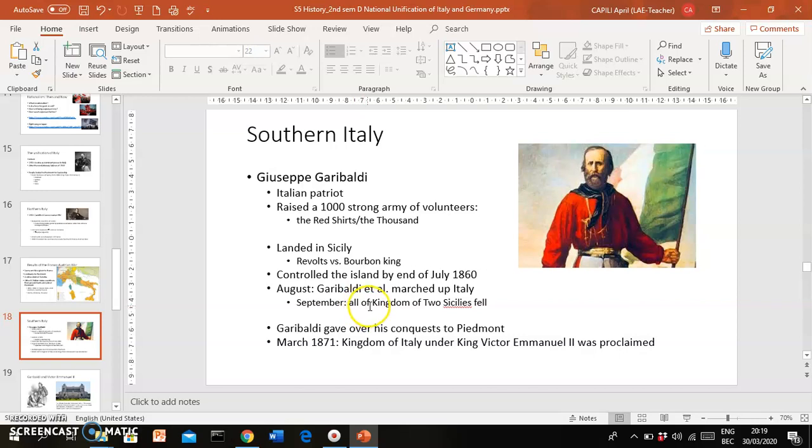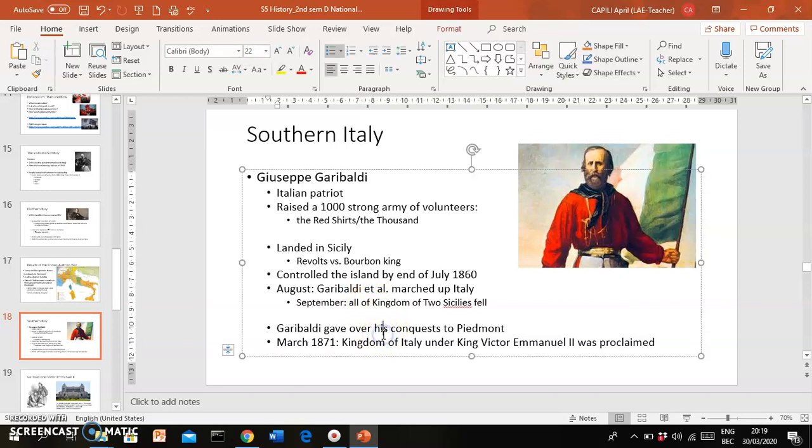The Bourbons are expelled, and eventually Garibaldi would offer all his conquests to Victor Emmanuel II. So by March 1871, a new, expanded kingdom of Italy under Victor Emmanuel was proclaimed.